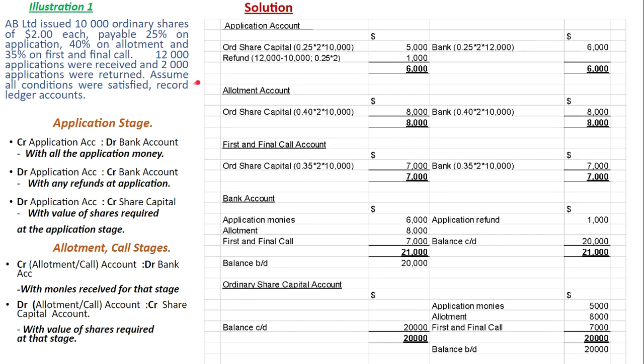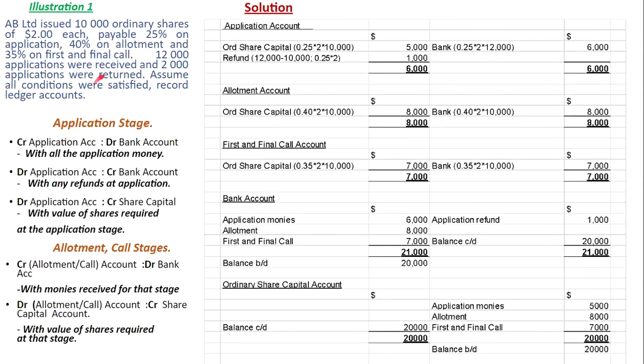First, ledger account. We are going to prepare the application account. So our first accounting entry note says credit application account and debit bank account with all the application monies. So here we go. The application monies, we received 12,000 applications. So we are simply going to credit application account.